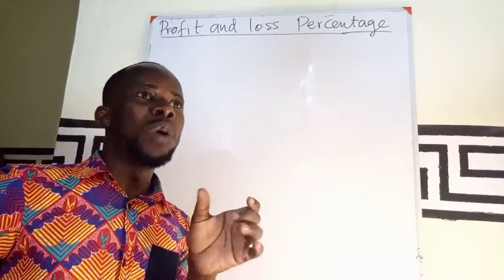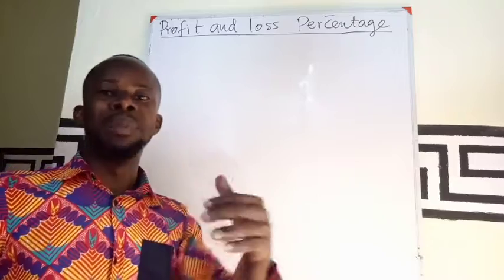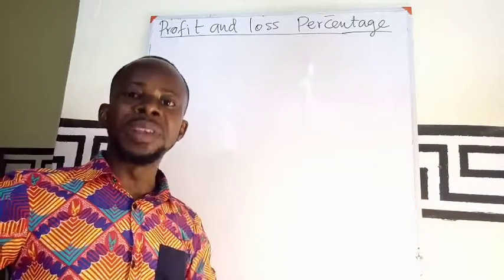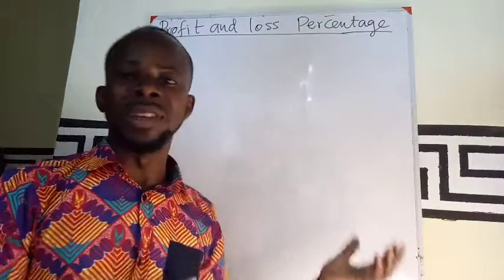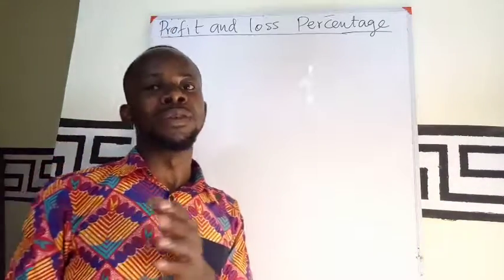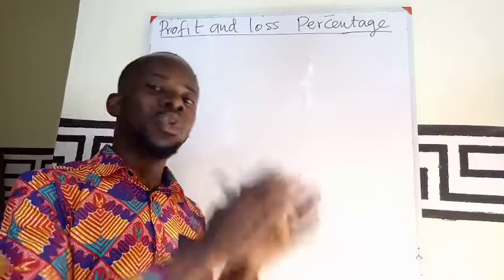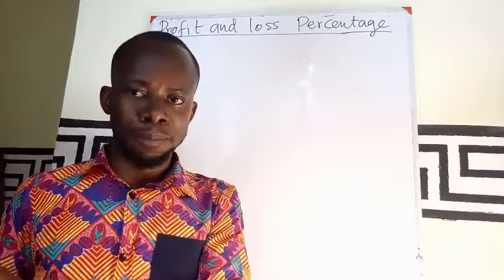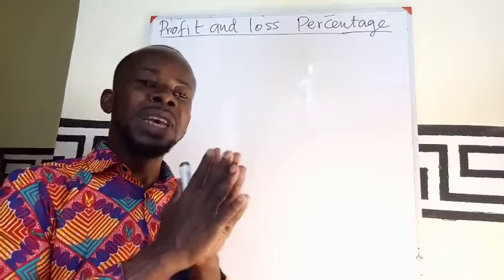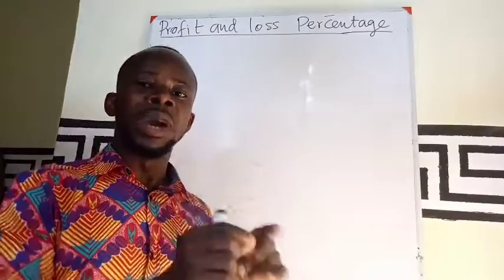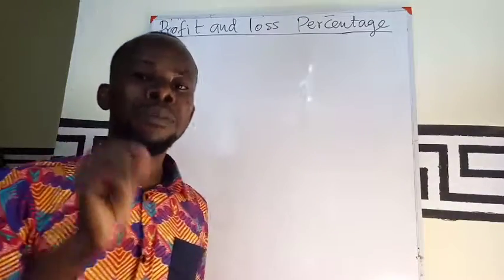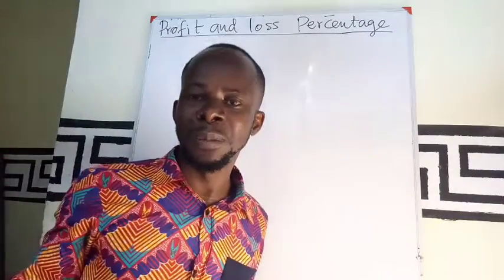So now, if you are going to have a profit percent, we know that if you are asked to express two quantities as a percentage, it's always a fraction of the two quantities times 100%. So if in this case I'm having a profit, am I making the profit on the cost price or on the selling price?